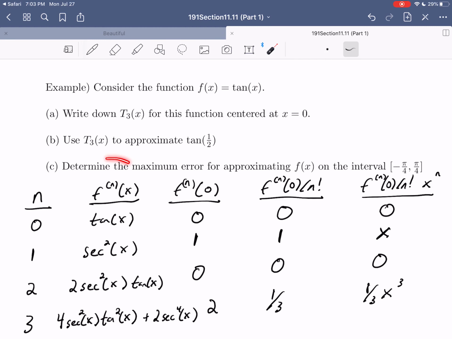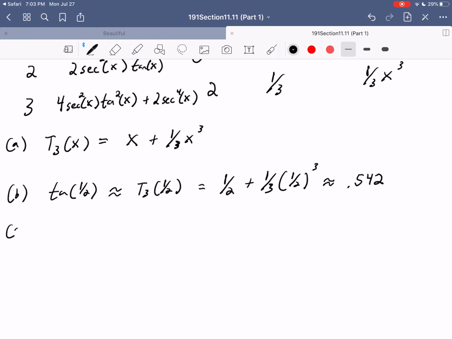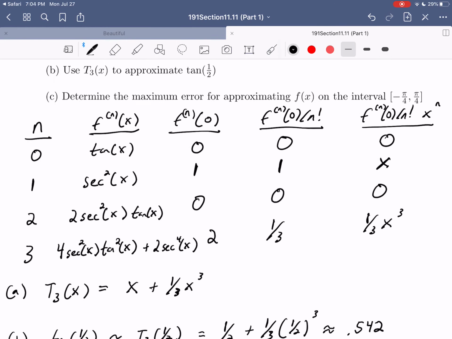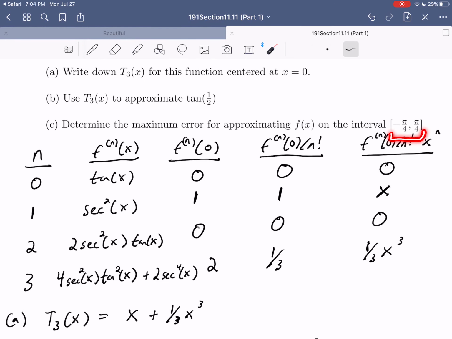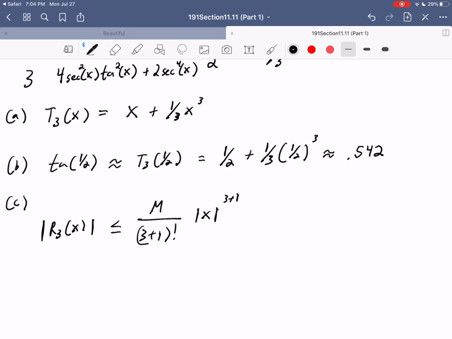Okay, let's figure out the maximum error when approximating on negative pi over 4 to pi over 4. So we need to look at R3 of x using Taylor's inequality. We know that that's M over 3 plus 1 factorial, and then the absolute value of x to the 3 plus 1. Now, since we're working on negative pi over 4 to pi over 4, the furthest we could drift from the center of 0 is pi over 4.